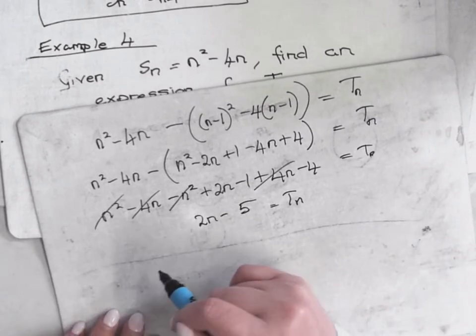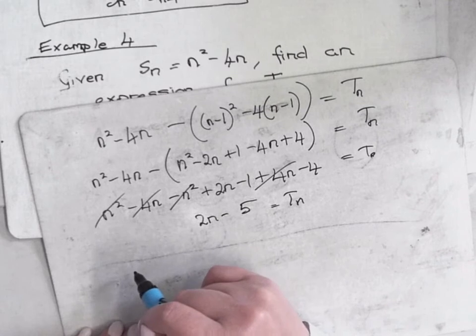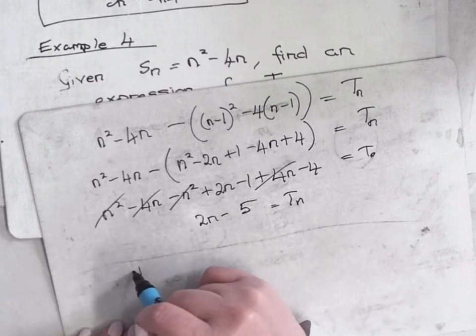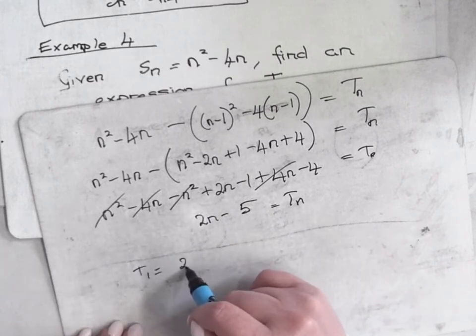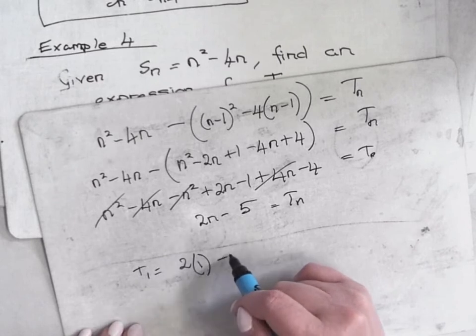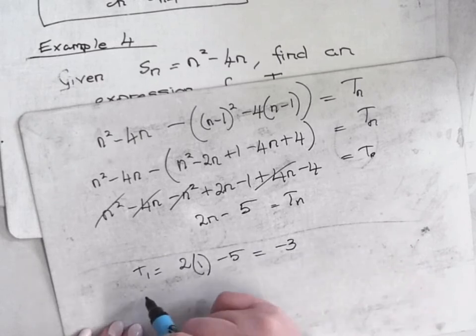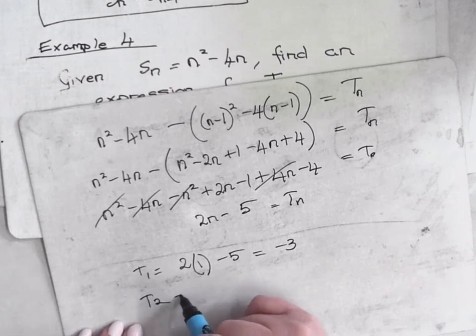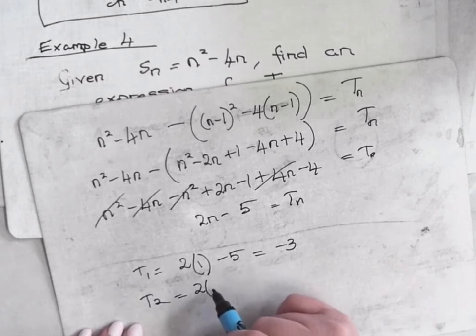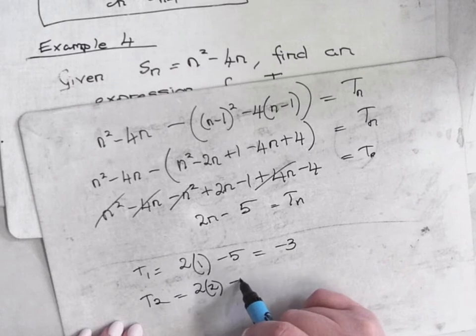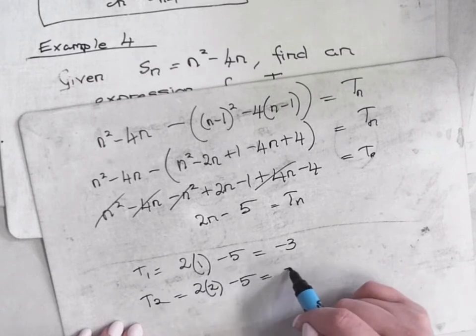Will I write out term number 1? So term number 1 is 2 times 1 minus 5, which would be minus 3. Agreed? Term number 2 would be 2 times 2 minus 5, which is minus 1.